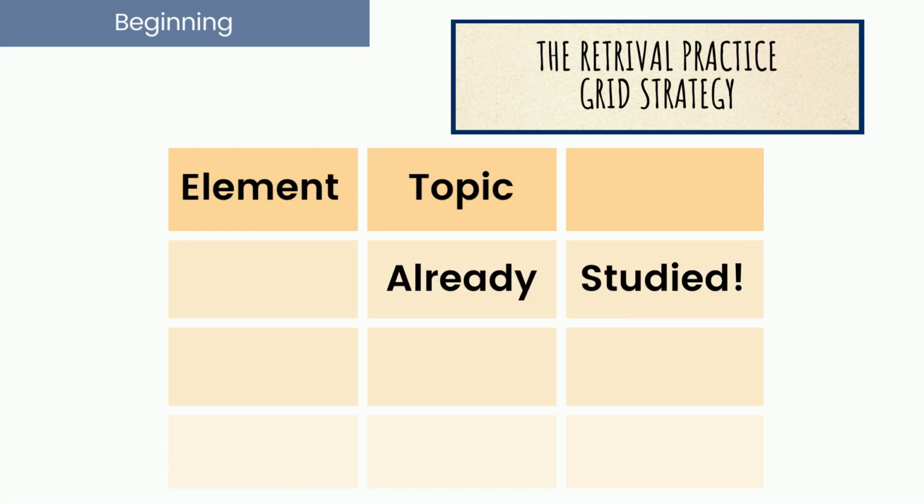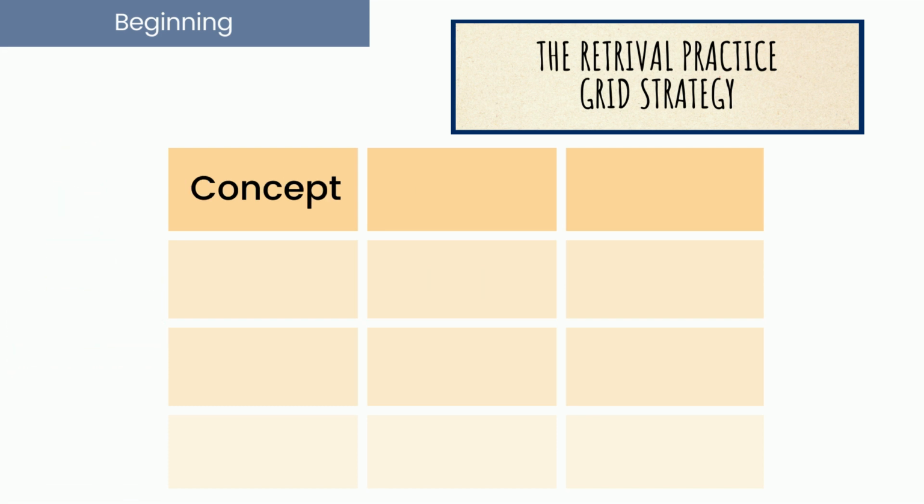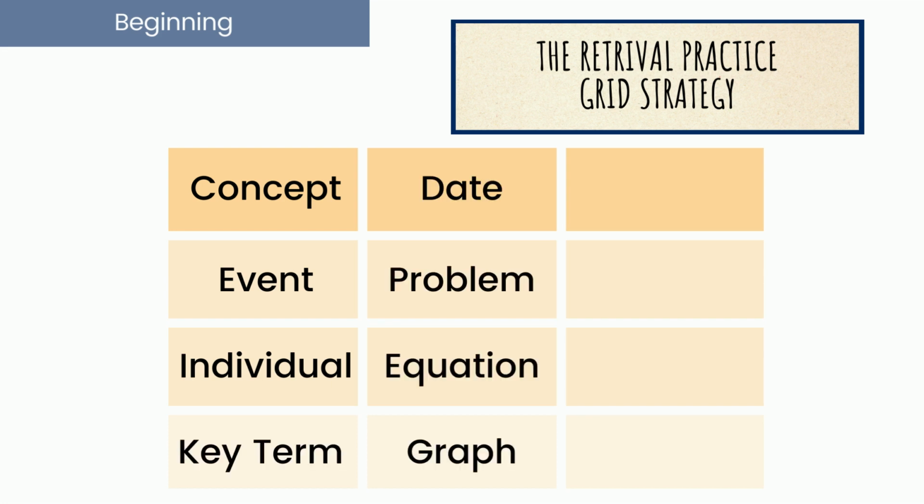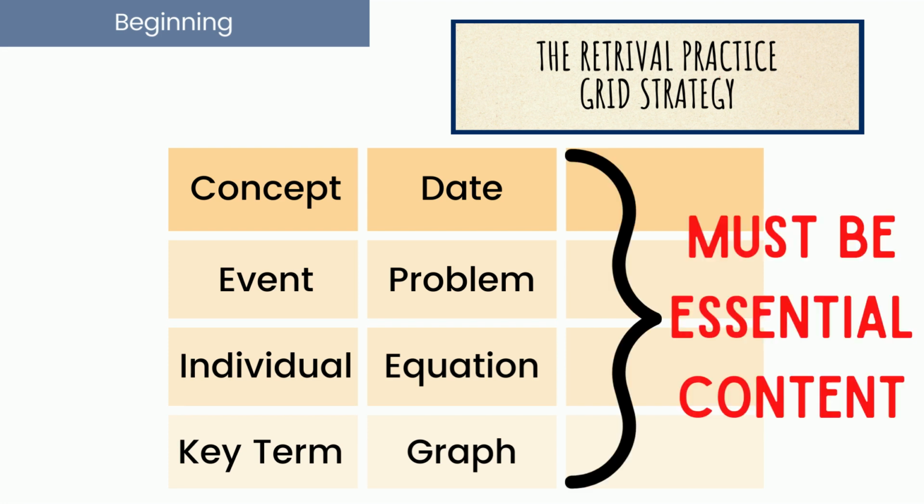Each box of the grid will contain a specific element of a topic already studied. No new material. The box could refer to a concept, event, individual, key term, date, etc., but must be the essential content and material for the previous learned unit of study.